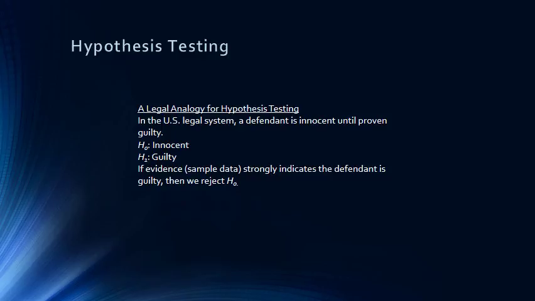If the evidence, in this case your sample data, strongly indicates that the defendant is guilty, then we reject the null hypothesis. Note that we do not prove guilt or innocence. We're just rejecting the null hypothesis if the sample data strongly indicates the defendant is guilty. If it does not, then we fail to reject the null hypothesis.